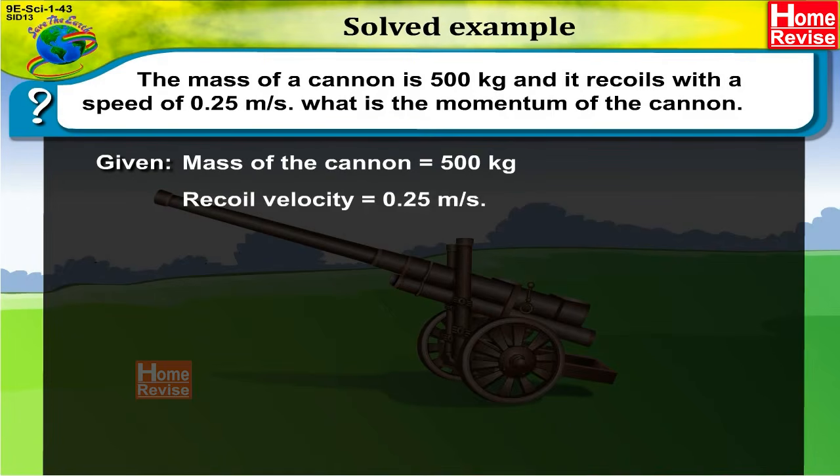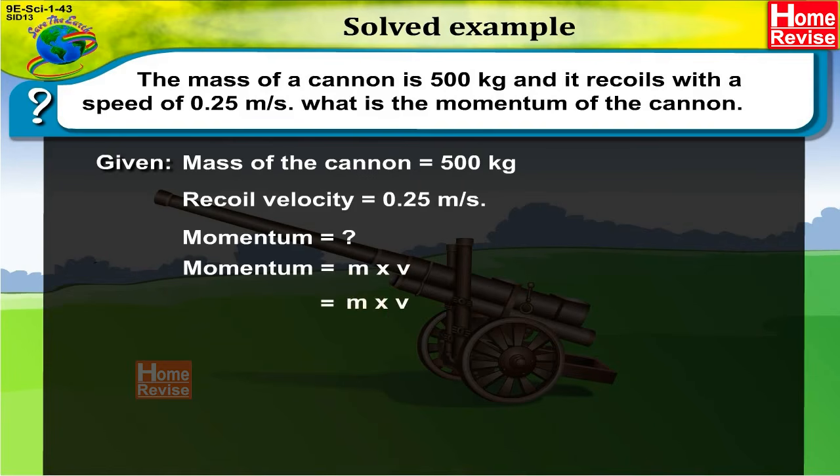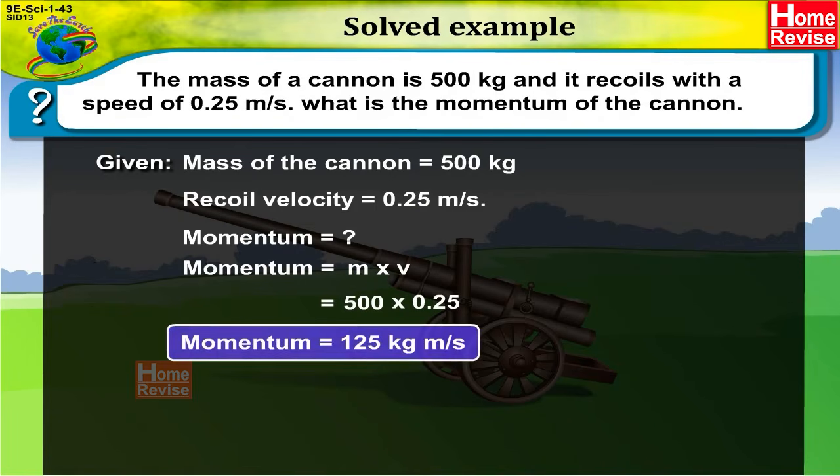Recoil velocity is equal to 0.25 meter per second. What is momentum? Momentum is equal to m into v. Substituting the values, momentum is equal to 500 into 0.25, which equals 125 kg meter per second.